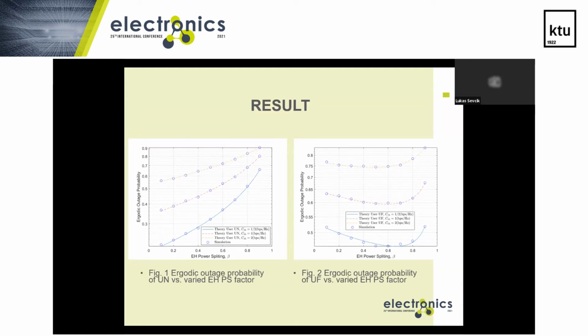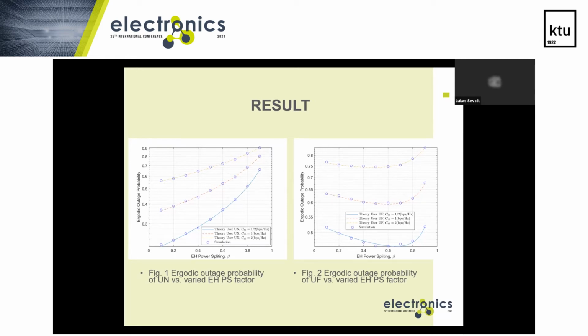We investigate relationships in the different threshold cases. As you can see, threshold C is set to 1/2, 1, and 2. We can observe that in both cases the curve trends are similar.